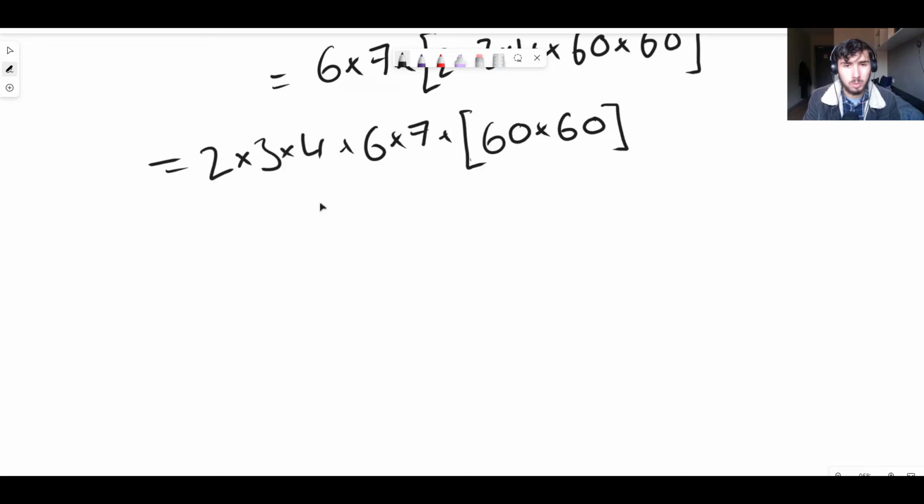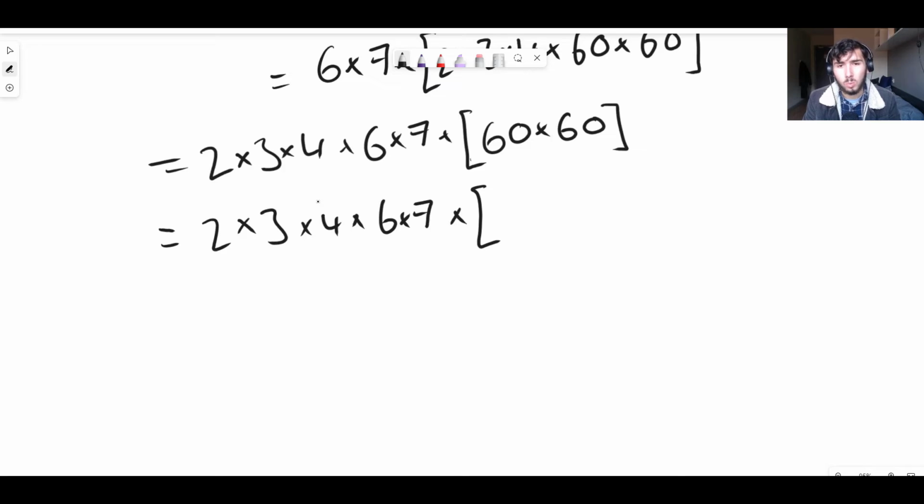So the next step is we need to consider breaking up 60 times 60. So this is equal to 2 times 3 times 4 times 6 times 7 times, and then 60 times 60. Well, we can write that as 6 times 10. 60 is 6 times 10. And so we can do that. So 6 times 10 and times 6 times 10 again, because it's 60 times 60.